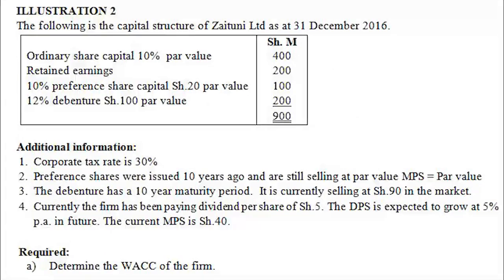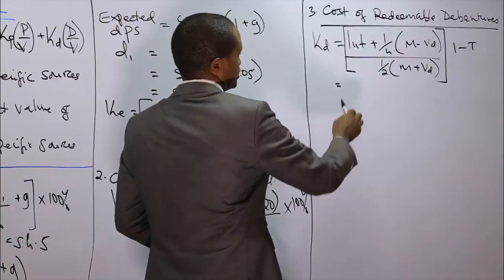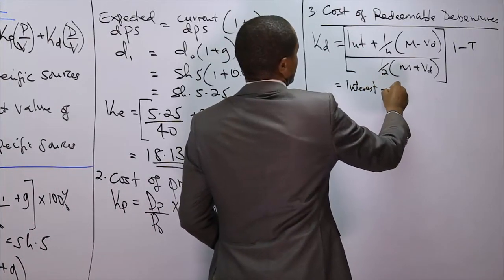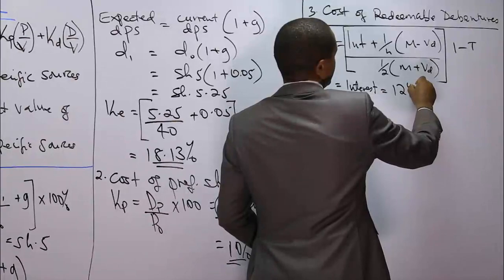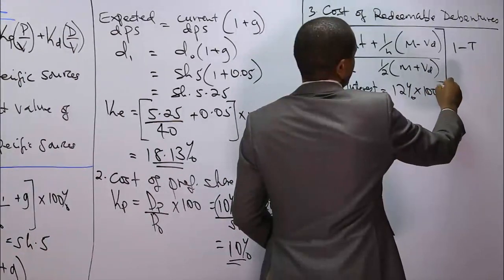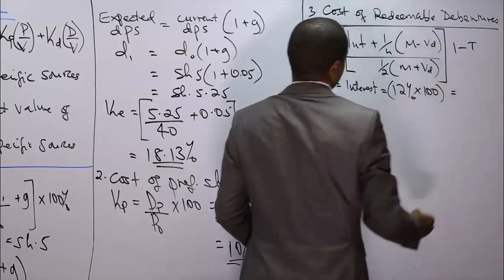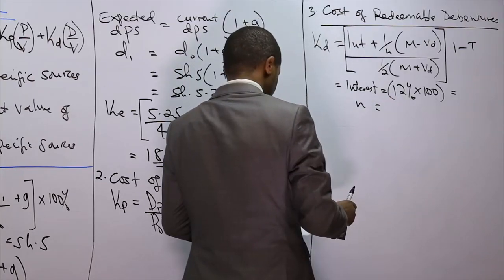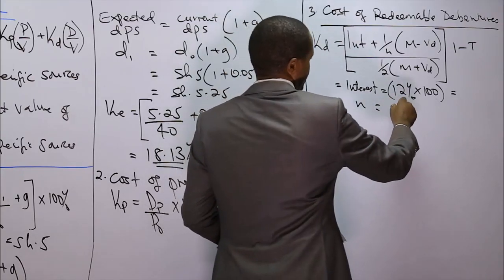The interest is given at 12%, which means we can apply the 12% on the par value of 100 shillings per debenture. So the interest is equal to 12% times the par value of 100 shillings. That will give us the interest. N is equal to the number of years to maturity, and we have it at 10 years.